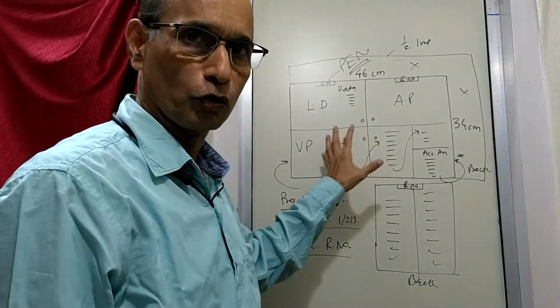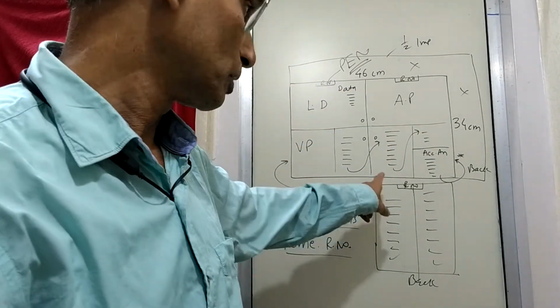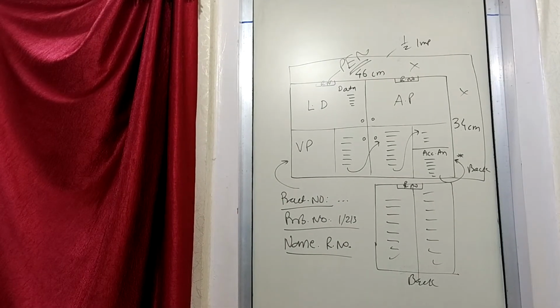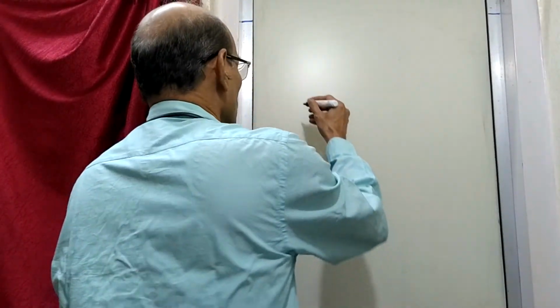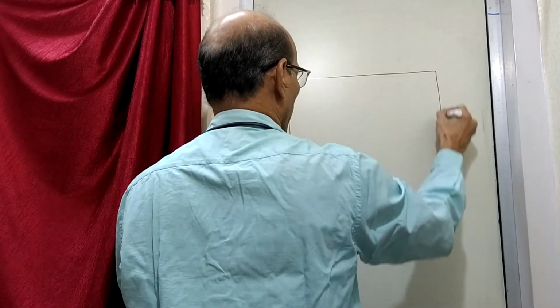Now I'll show you how to draw for the IC method. Till then you just note this down. So for the IC method, let us see what we do. Again, take the same size, 34 by 46.